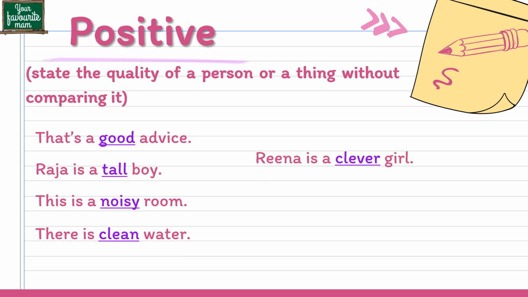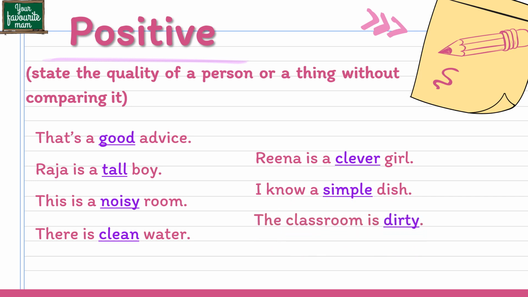Reena is a clever girl. I know a simple dish. The classroom is dirty. So all these words like good, tall, noisy, clean, clever, simple, and dirty are positive forms of adjectives and are stating a quality of a person or a thing without comparing it with anything else.